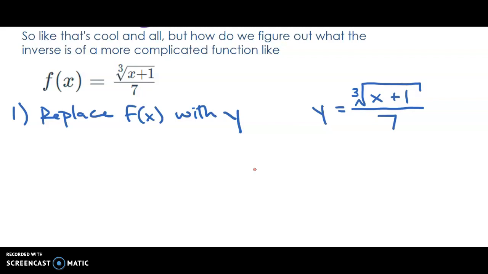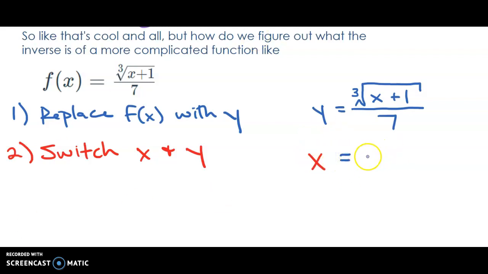The reason we do that is because step 2 is going to be to essentially enact our first key point. To apply it to this situation, we are going to switch or flip-flop our x's and y's. And so when I do that, I'm going to have x equals the cubed root of y plus 1 divided by 7.